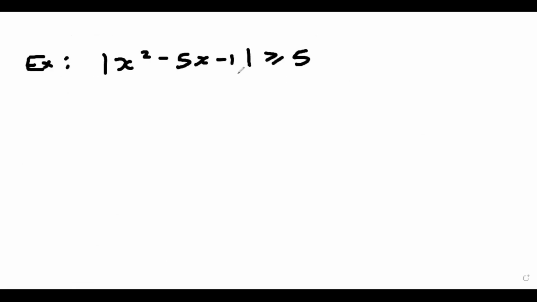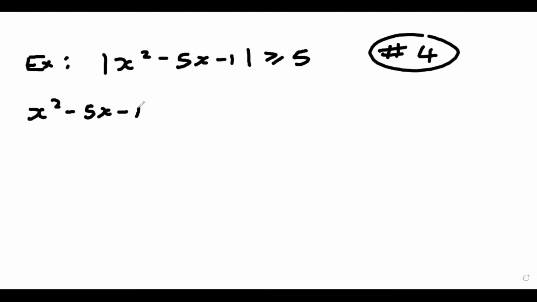So let's say we have this question here. Property number 4. That means we'll have x squared minus 5x minus 1 is greater than or equal to 5, or x squared minus 5x minus 1 is less than or equal to minus 5.